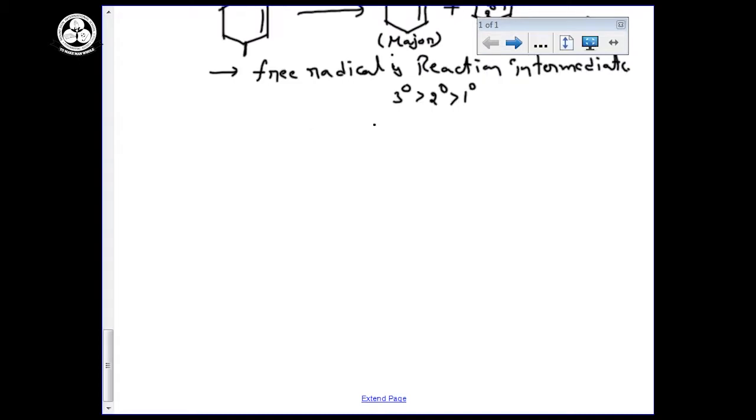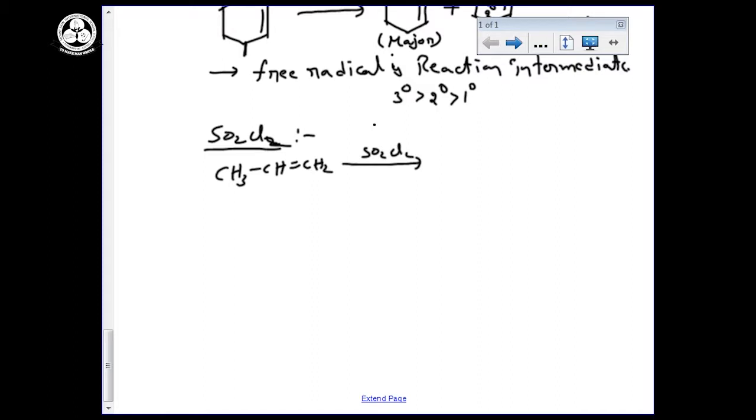Same mechanism and same chemical reaction you can see for the sulfonyl chloride, SO2Cl2. You are taking SO2Cl2 and doing the same allylic substitution.